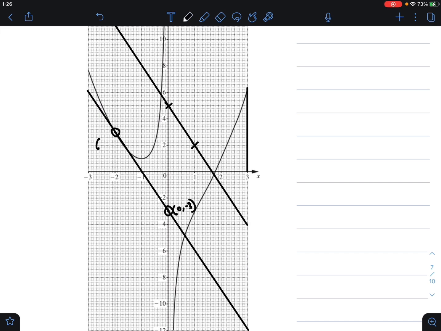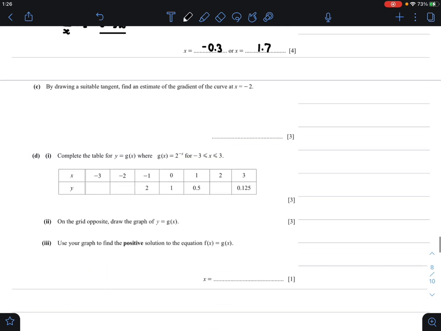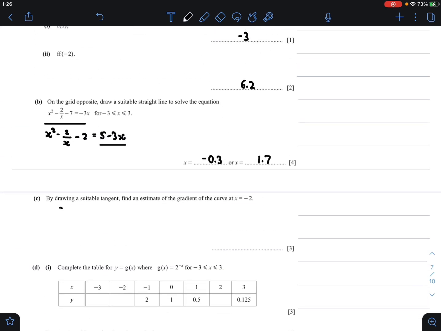Now the formula for finding the gradient is y2 minus y1 divided by x2 minus x1. So first let's write the points over here, that is -2 comma 3 and 0 comma -3.